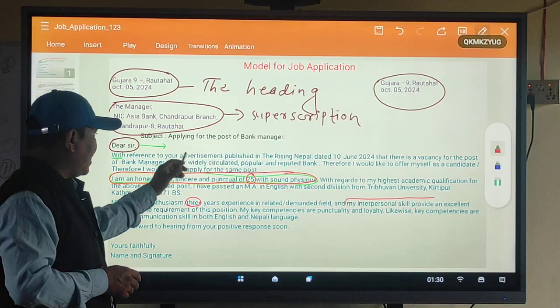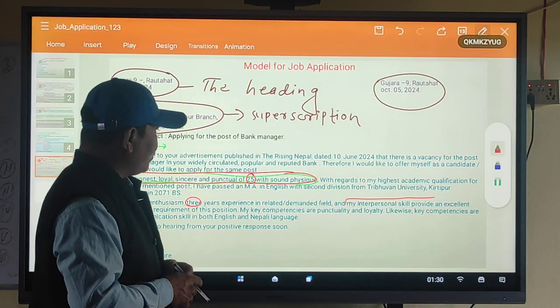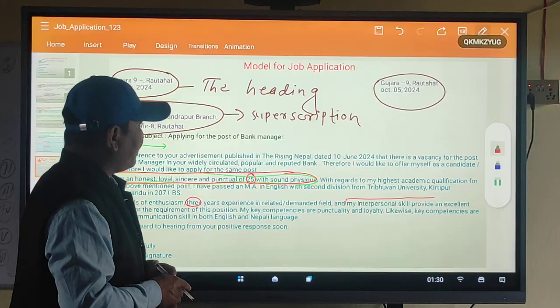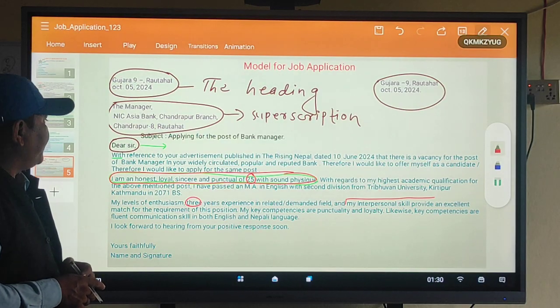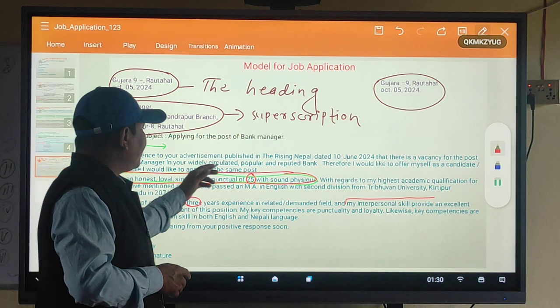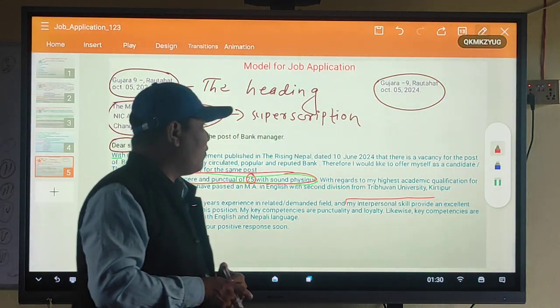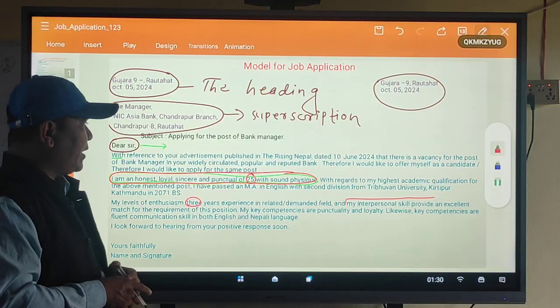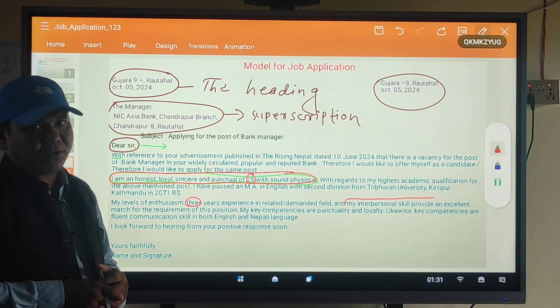Okay, as I have mentioned here, look at this. With reference to your advertisement published in the Rising Nepal dated 10 June 2024 that there is a vacancy for the post of bank manager in your widely circulated, popular and reputed bank. Therefore, I would like to offer myself as a candidate, or therefore I would like to apply for the same post.